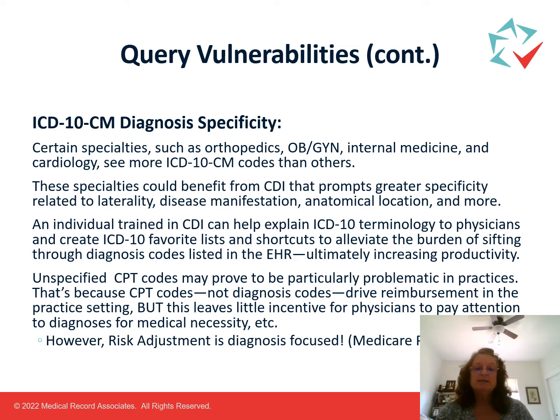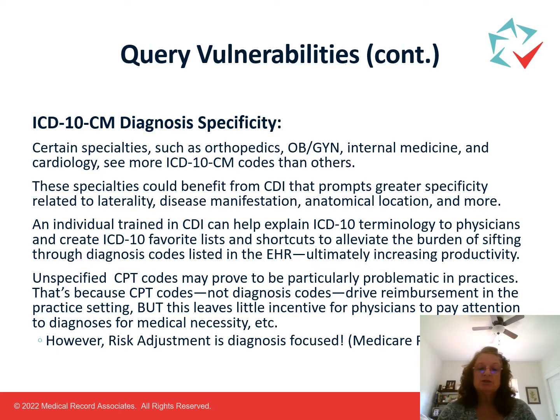Now, within ICD-10-CM, diagnosis specificity is very important. So I've included some things here that might help you understand the particulars around diagnosis and specialties. Do we query around laterality? Well, it might be a good idea because we do have a new edit in place in our claims processing systems around laterality.